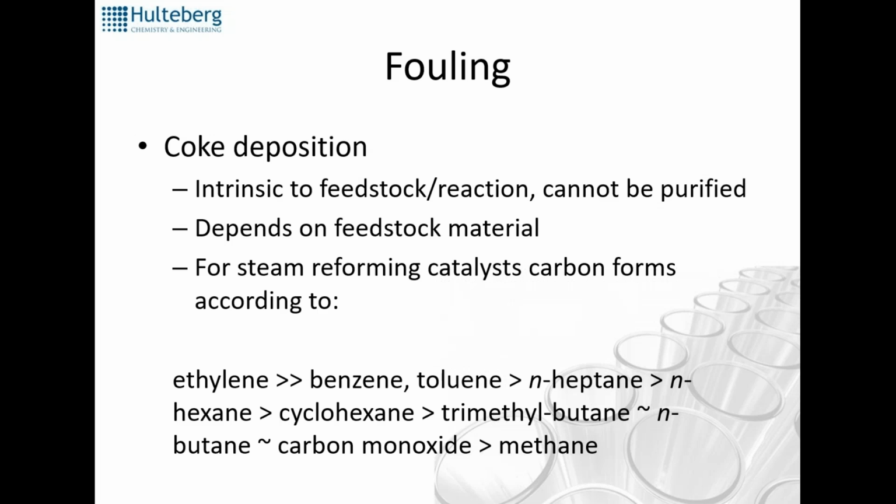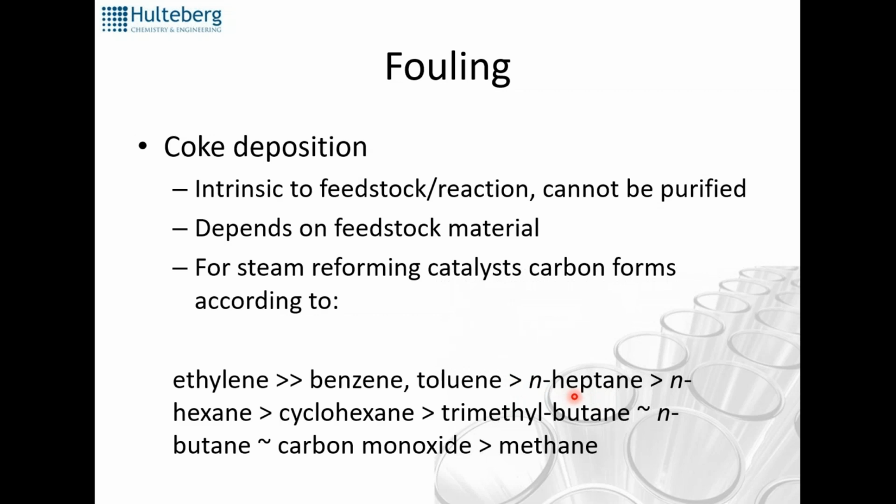If we again look at steam reforming catalysts, you will see much more carbon formation on the catalyst if you try to process ethylene as opposed to benzene and toluene, which are aromatics. If you have an aromatic, though, it's even more carbon forming than the equivalent normal heptane. And the longer the carbon chain, the more carbon you're forming.